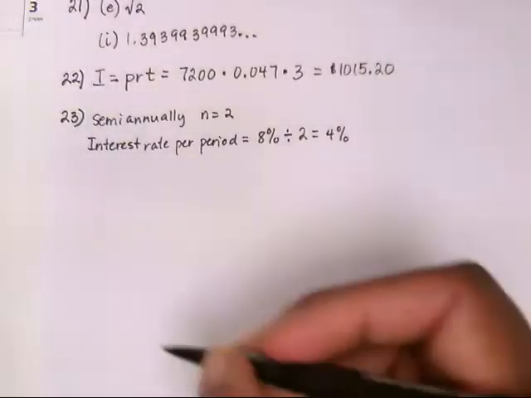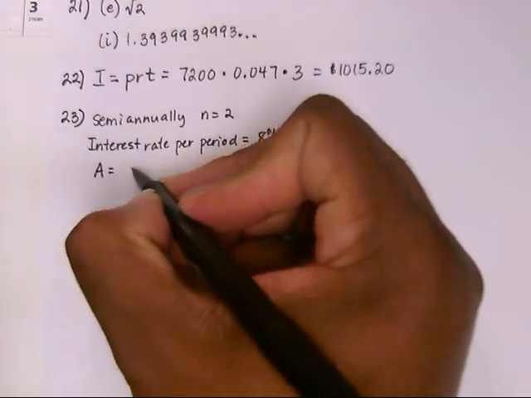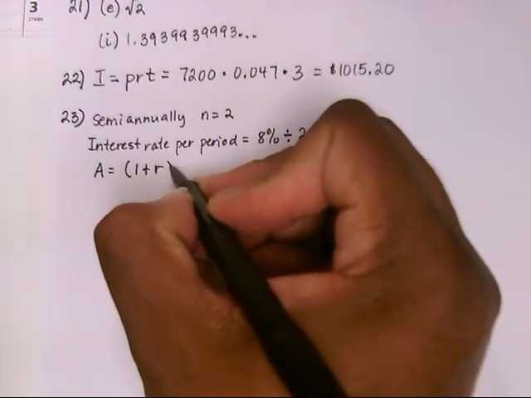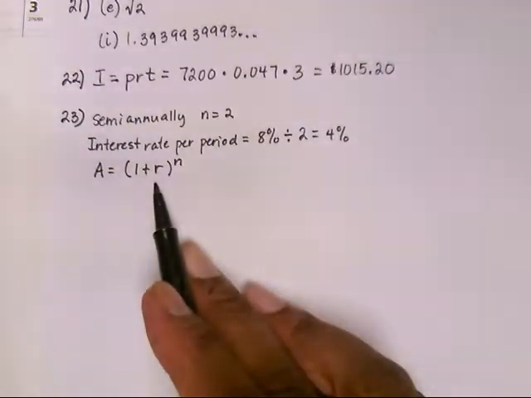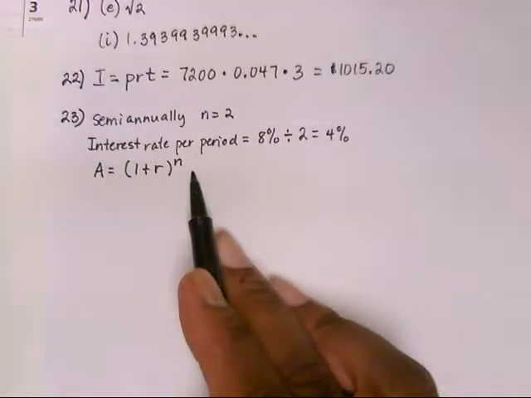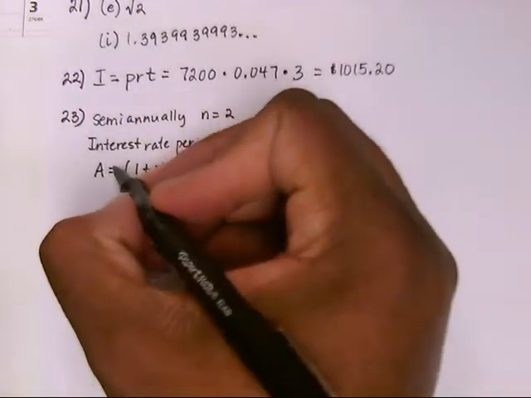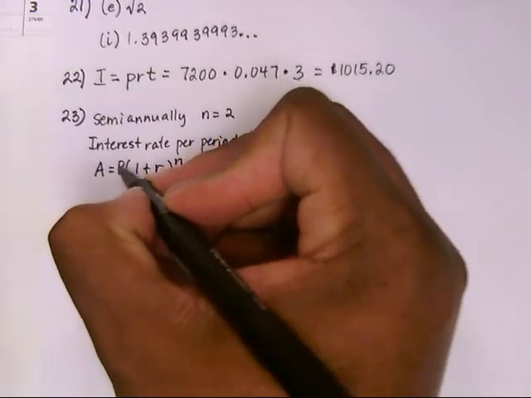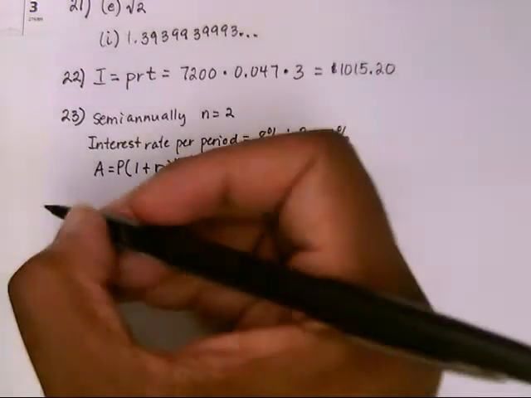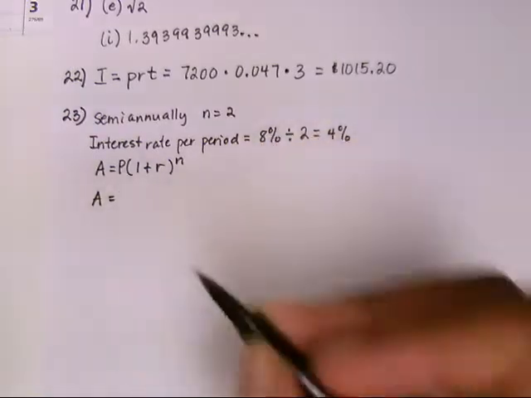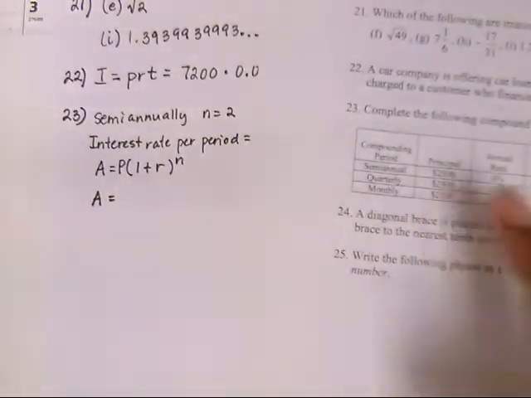Now the formula that we're going to be using for the amount that's in our account is A equal to P times the quantity 1 plus r raised to the n. Now in this case, the r is going to be the interest rate per period. The n is the number of periods that are given to you. So here to find out what A is, the P, which is your principal, is the $2,500.